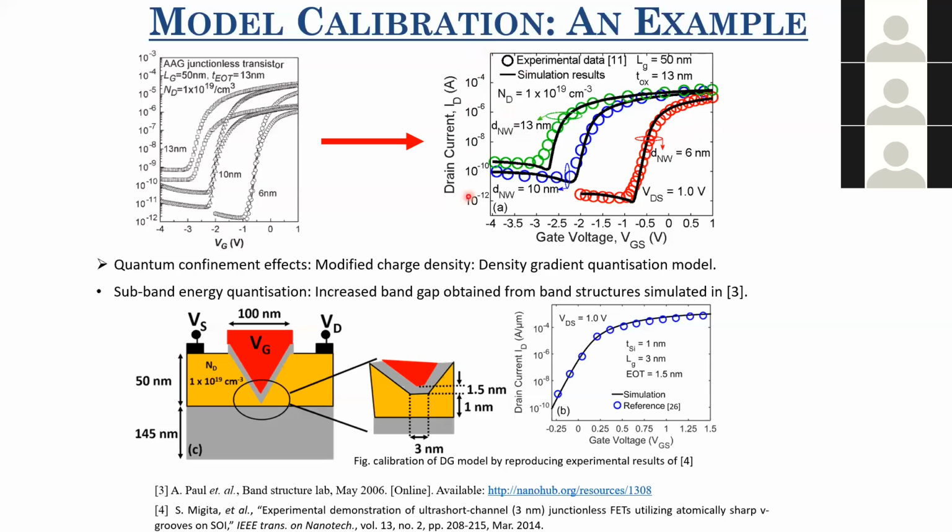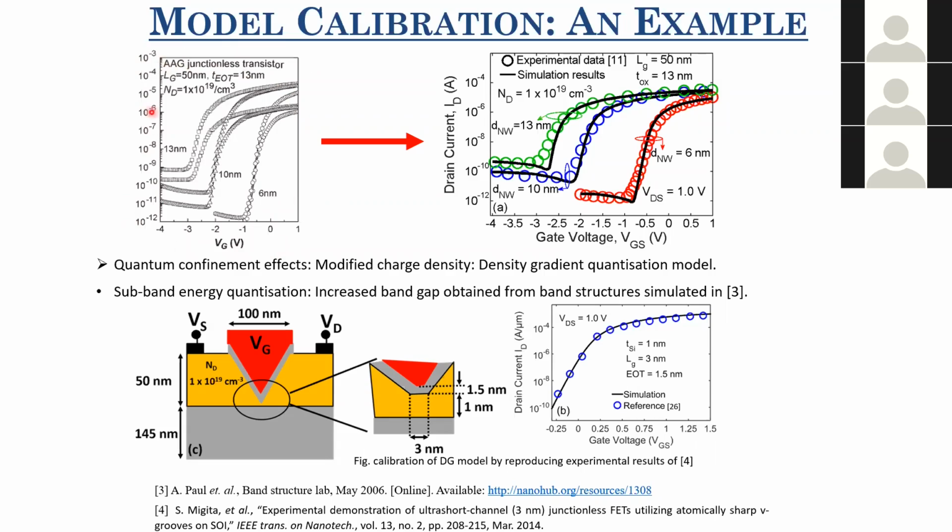If you present this result in front of any reviewer, they'll say that okay, your TCAD setup is calibrated to this experimental setup. Now this is again one point which I want to make here: once you are calibrating, you're validating your simulation setup to the experimental environment which was used for fabricating these devices.